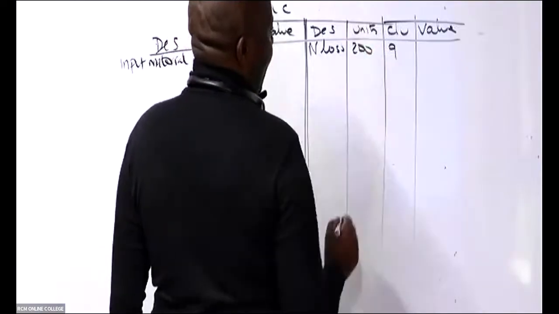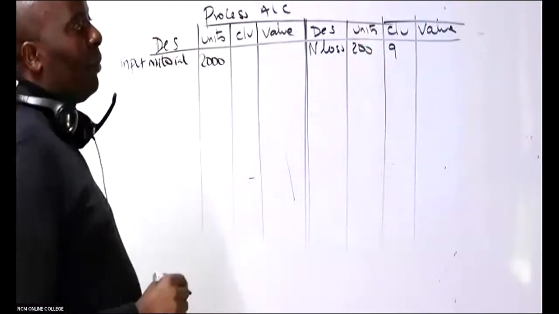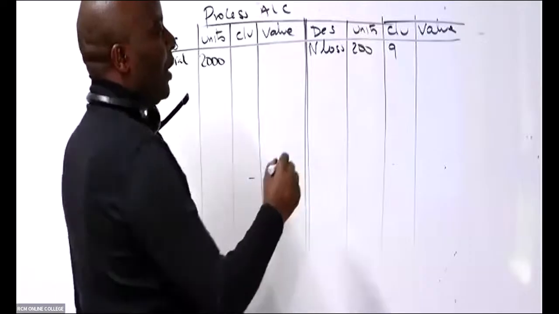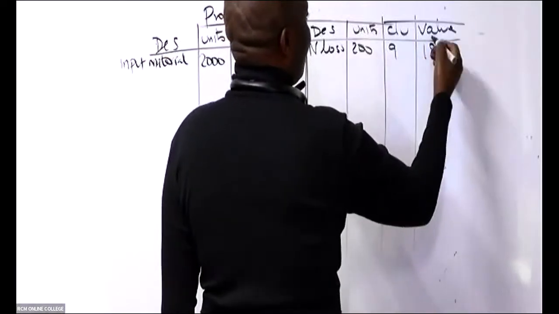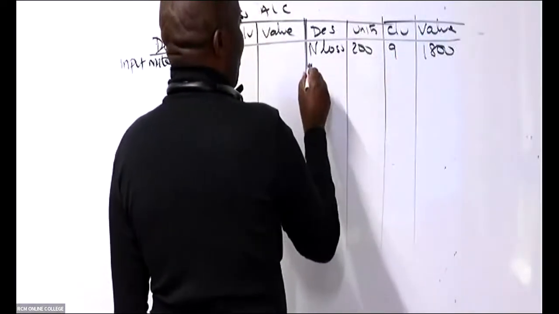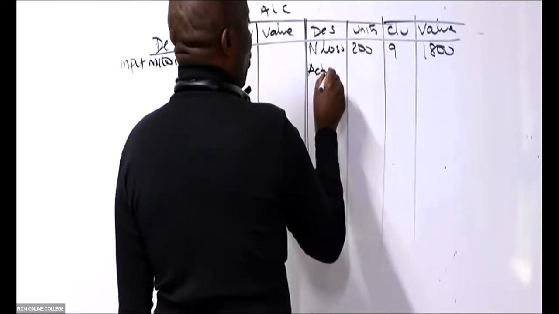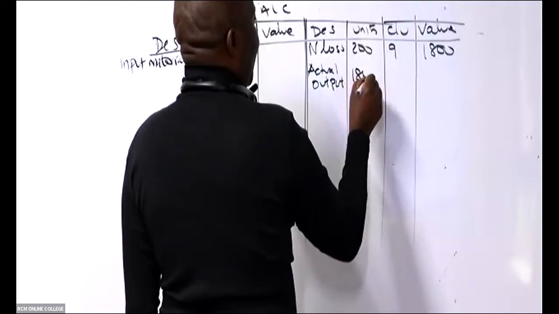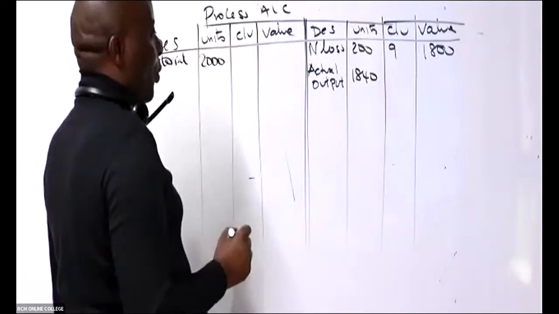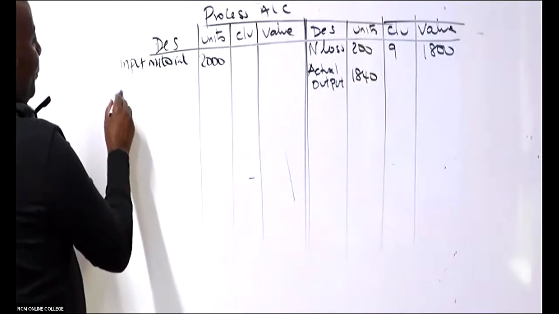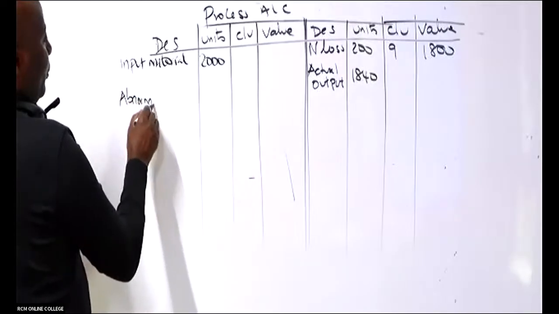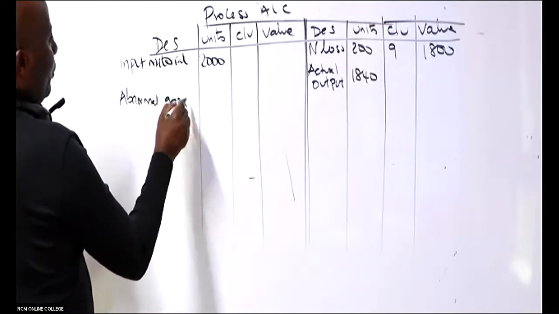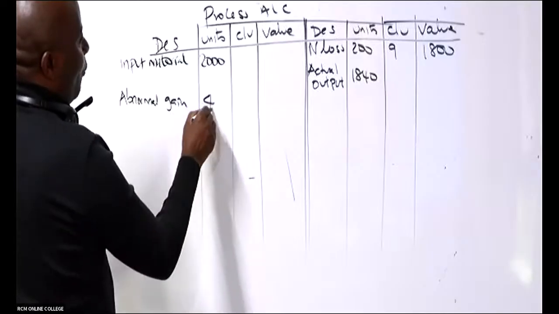And they have told us we are scrapping at 9 bob still. So 209, that gives me 1800. We have in this case here actual output 1840. We have abnormal gain of 40.